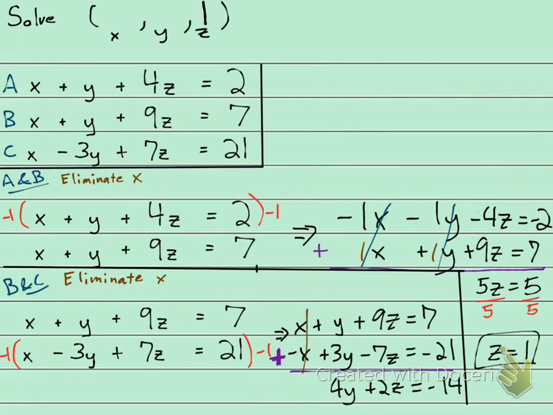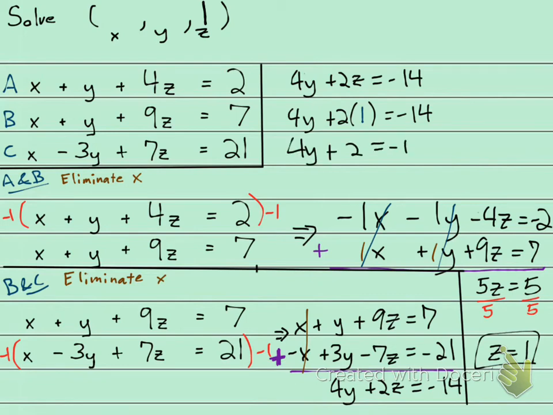Let me move this up to the top to get some more space. Let's plug in for z. We figured out that z was 1. So 4y plus 2 times z equals negative 14, and z is 1. So 4y plus 2 equals negative 14.